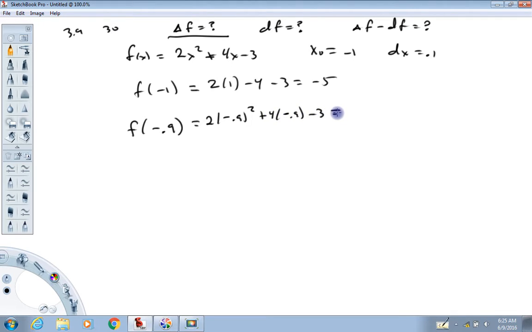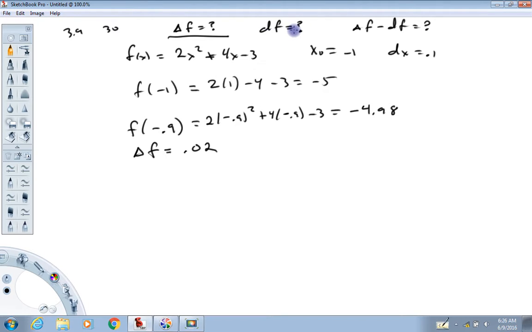I'm going to run that on a calculator, and I get -4.98. So delta y, or delta f, the change in f, is this guy minus this guy, so that's 0.02. Okay, now let's talk about df.